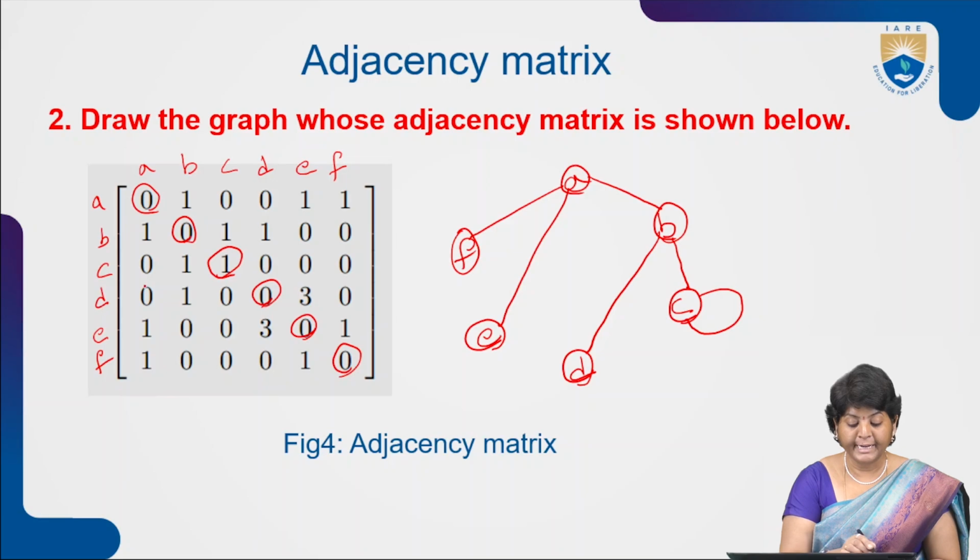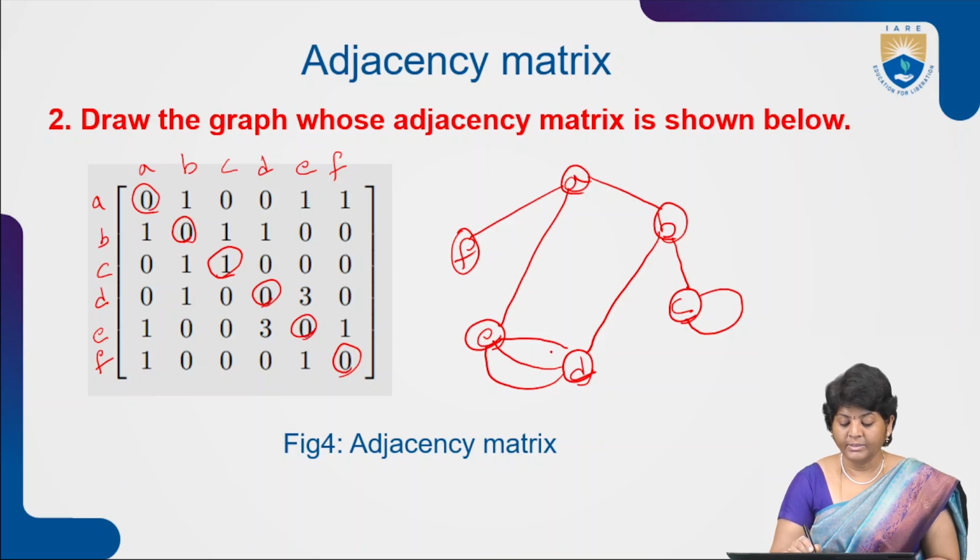But from D to E, we have the number 3. So that means 1, 2, 3. Since they marked it as 3, we connected D to E in 3 paths.